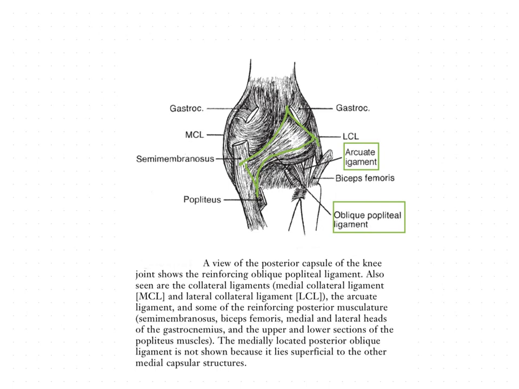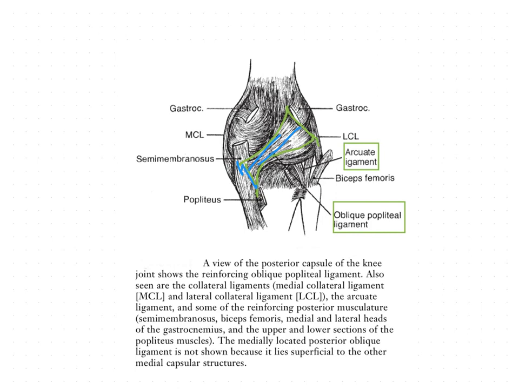If you see the attachments, above it is attached to the lateral part of the intercondylar line of the femur and also to the area of the lateral condyle of the femur. Fibers are directed downwards and medially and merge with the capsule of the knee. Some fibers are continuous with the insertions of the semimembranosus muscle. So this is the oblique popliteal ligament.